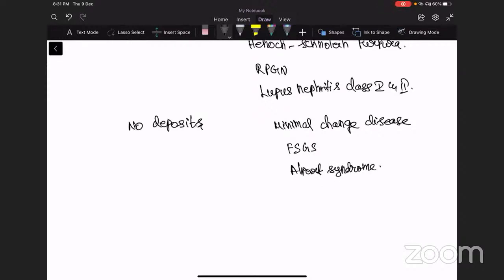FSGS is focal segmental glomerulosclerosis. This is about the deposits.